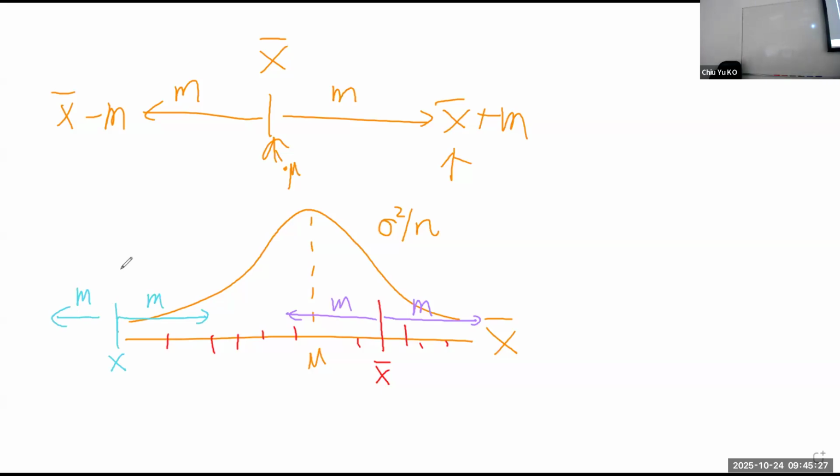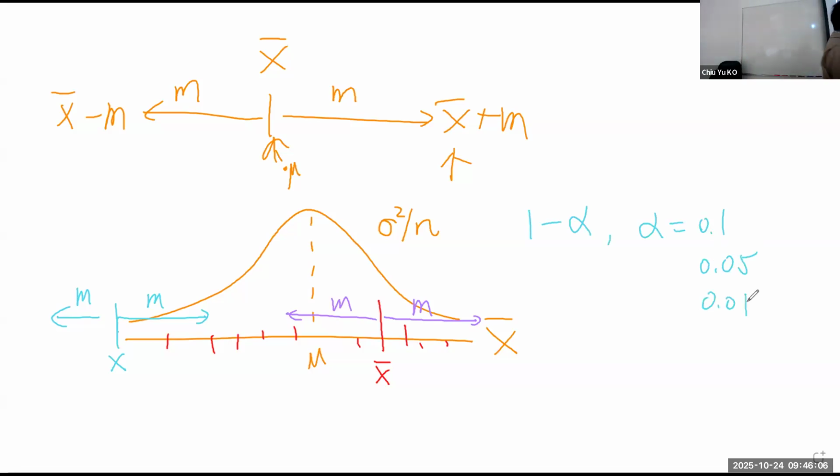So how can we decide M, right? If M is large enough, then we can always include mu. But what we want is for this to be measurable. So we want a very high probability that we include mu, so we want 1 minus alpha probability. Alpha is usually 0.1, 0.05 or 0.01, right?